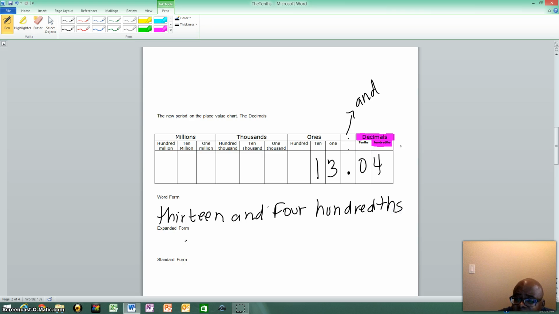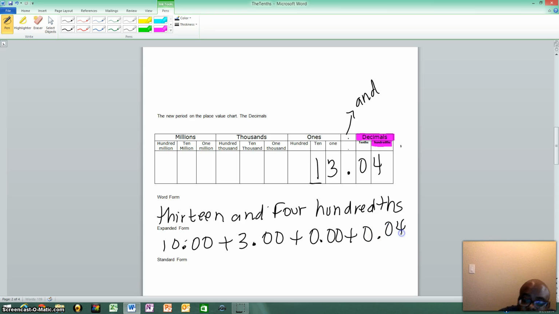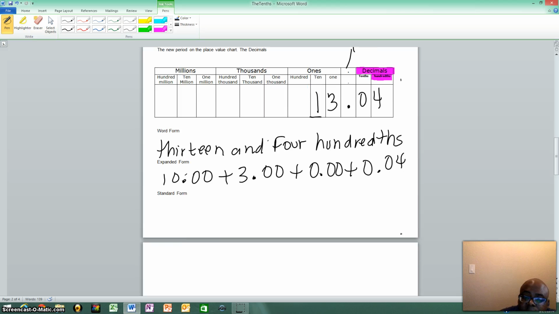Well, how will we put that in expanded form? Okay, well, the 10 is 10.00 plus 3.00 plus 0.00 plus 0.04. Now remember, we can also write it like this.